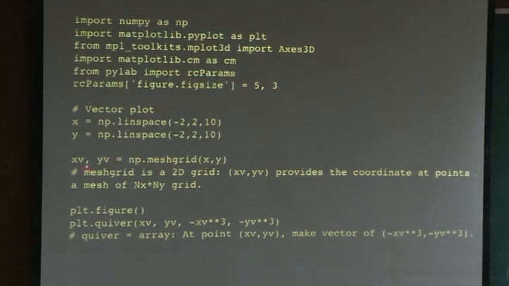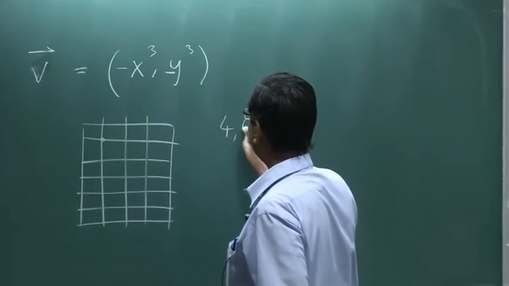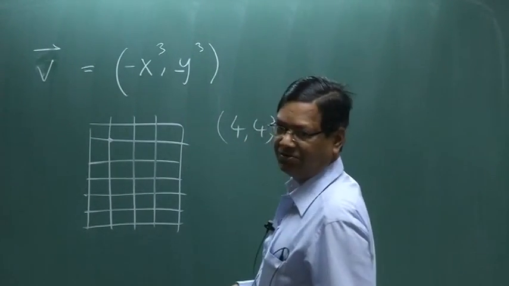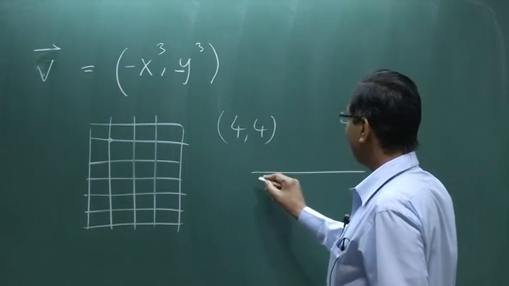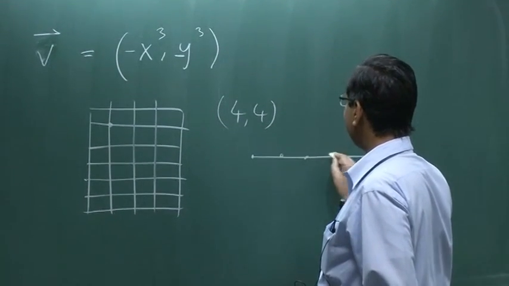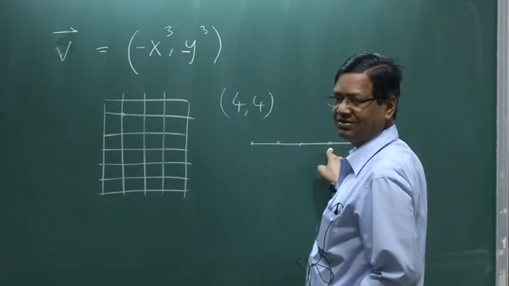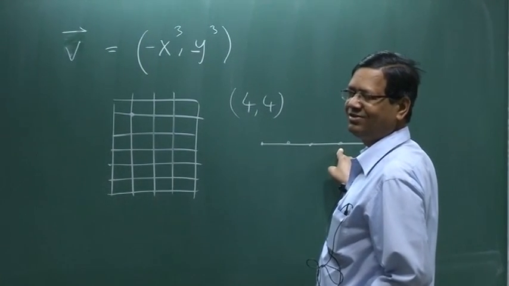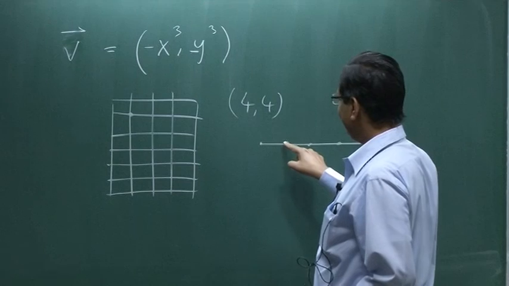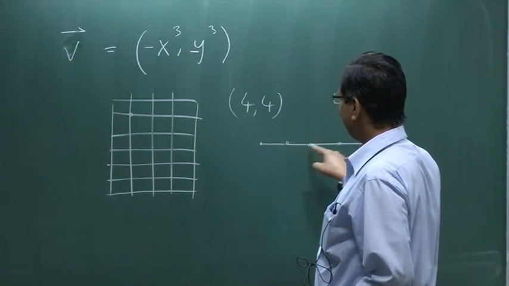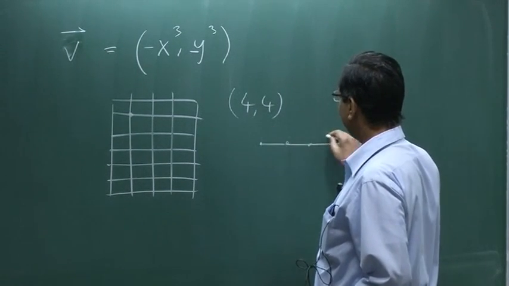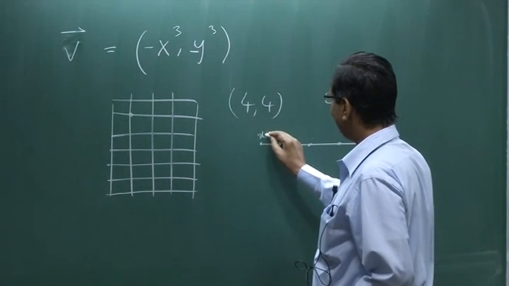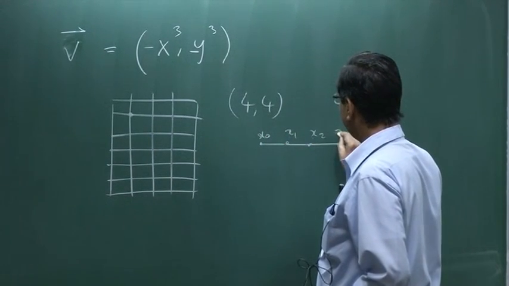Right now it returns two arrays, and you can look at it by just saying xv. xv is a 2D array, not a 1D array. Suppose I want to do 4 by 4. The first row will be 4 numbers, where the y is the same but the x changes: x0, x1, x2, x3.